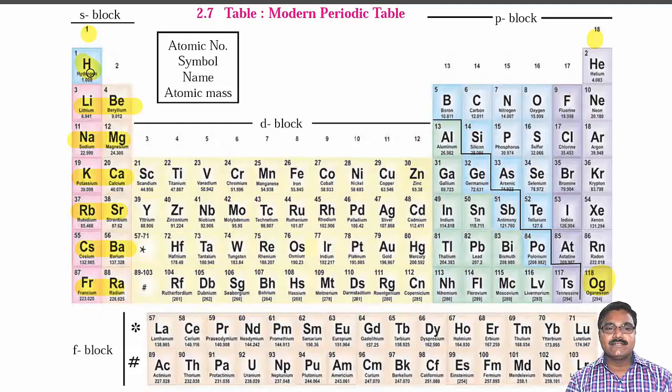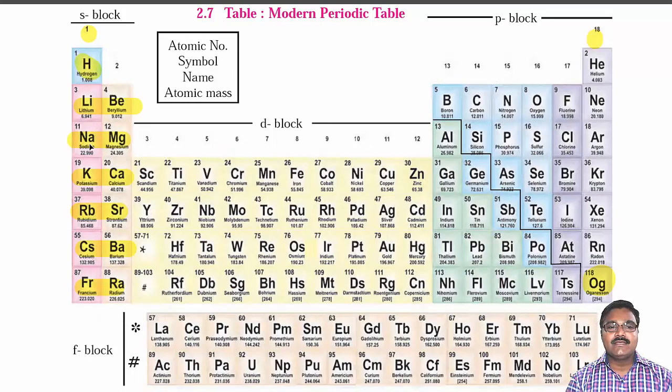First is valency. Here you will see as we move from left to right, electrons go on adding in the outermost shell. Let us take the example of the third period, as we move from sodium to argon.